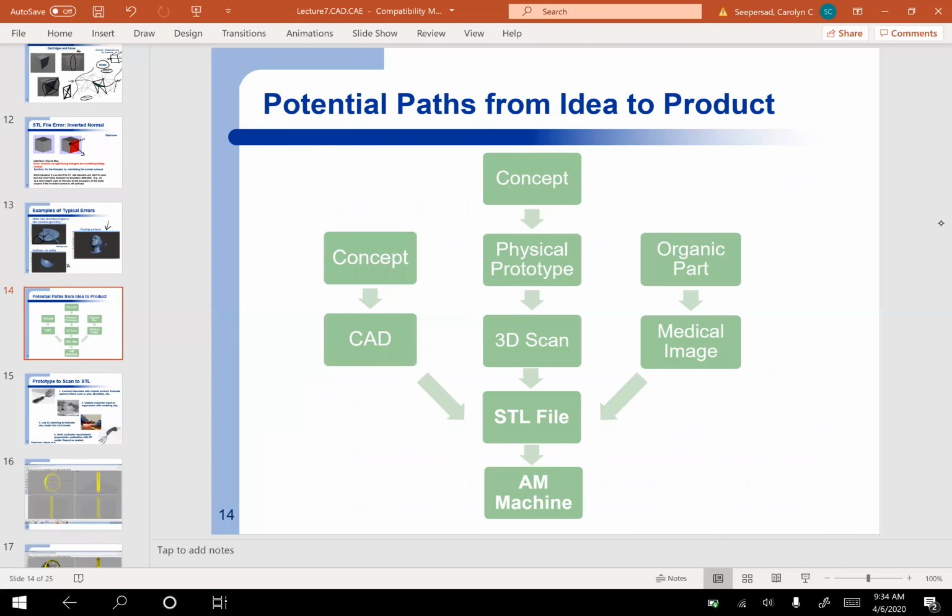All right, so that was the direct concept of CAD to STL to additive part, assuming that you're drawing everything in CAD. Now let's think about some of the additional headaches that arise when you decide you want to 3D scan a part and then convert it to STL.